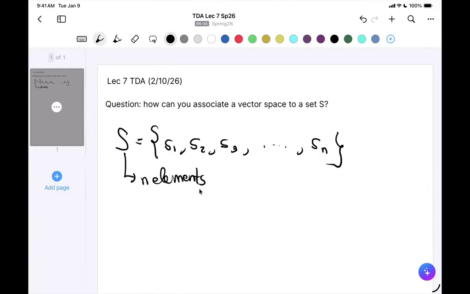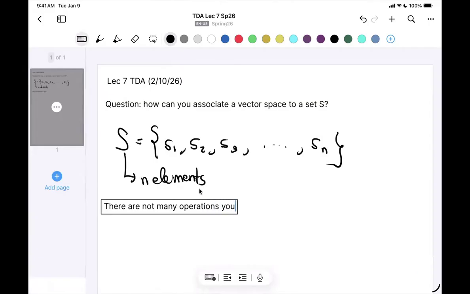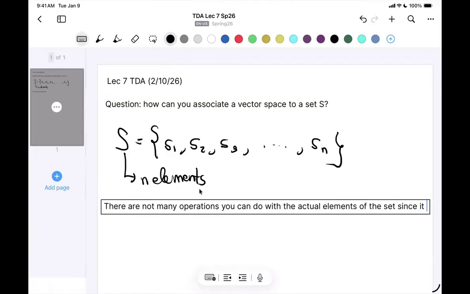So there are not many traditional mathematical operations you can do with the actual elements of the set, because the set can be very abstract.